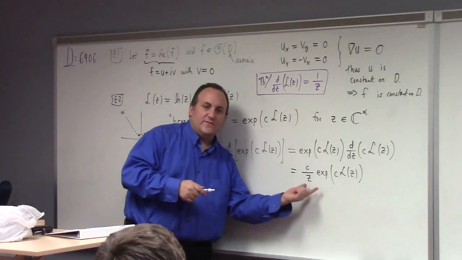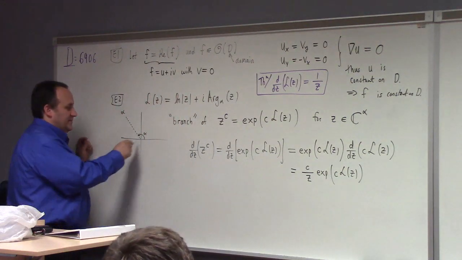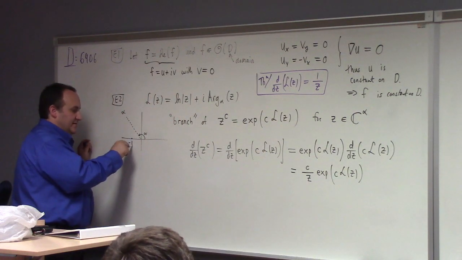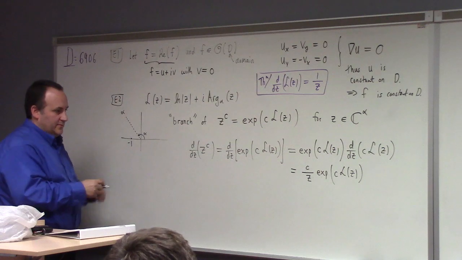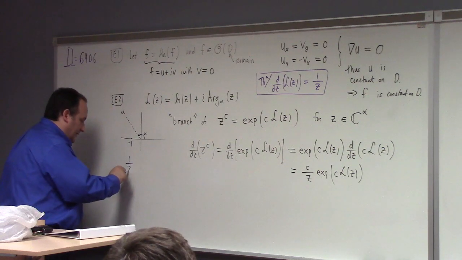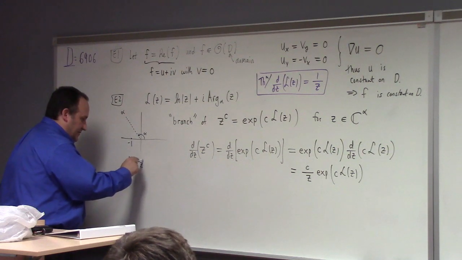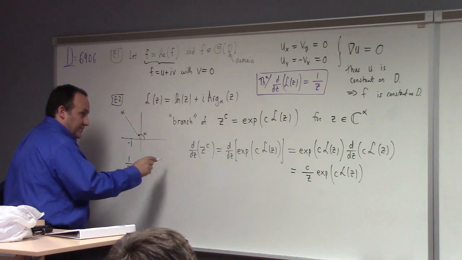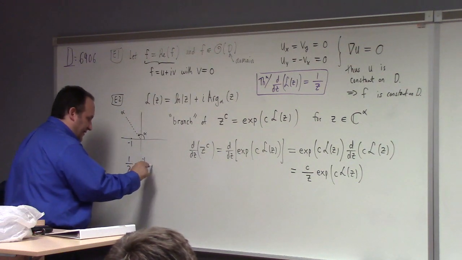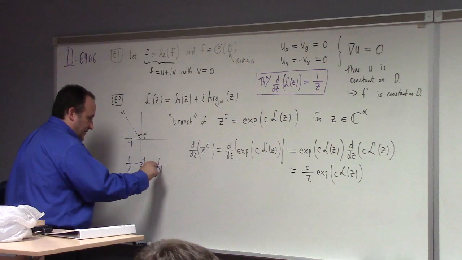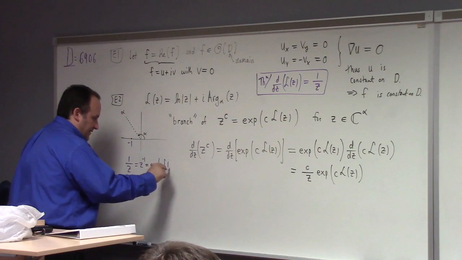So here, this is z, 1 over z. Where's minus 1 in this picture? Minus 1 is over here. So 1 over z is z to the minus 1, and in terms of this notation, that would be the exponential of minus L of z.